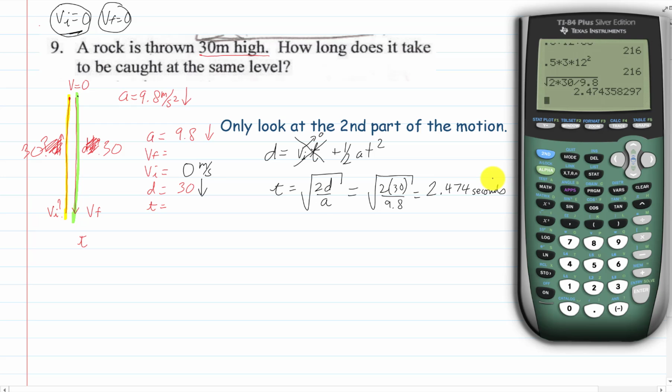And that will also be the same time for it to go up. So the first part will also be 2.474. So we just have to multiply that by 2, and the total time will be 4.949 seconds.